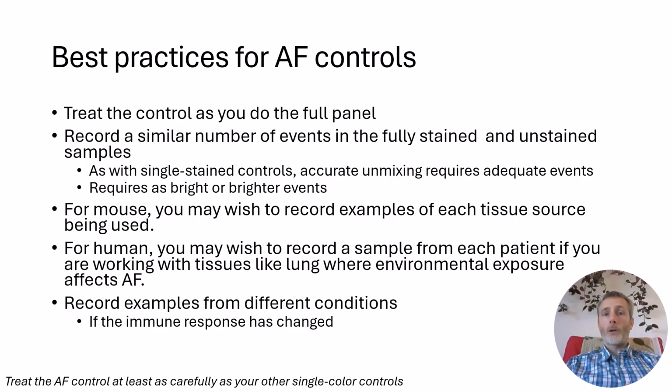If you are working with multiple tissues, you should probably record an unstained sample for each tissue source. If you're working with human donors, with a tissue such as lung, where environmental exposure can alter autofluorescence, you may wish to record unstained samples from each donor. If the immune response, stimulation, or assay has altered the cellular metabolism, you may need examples of each condition.